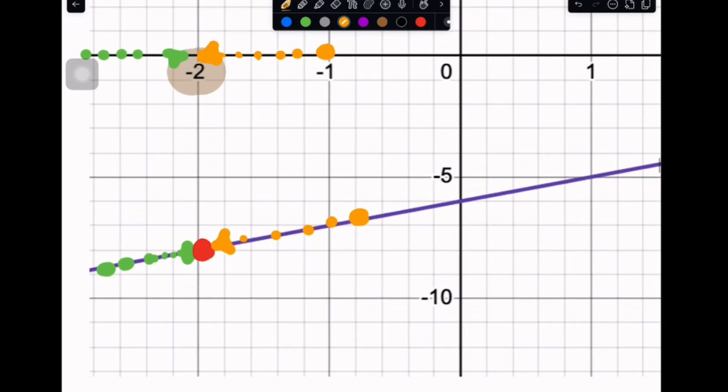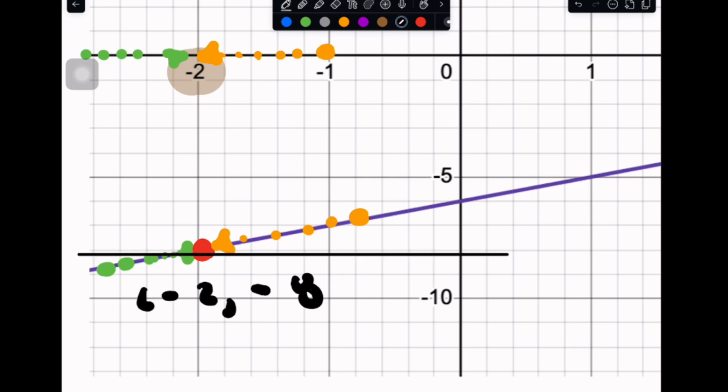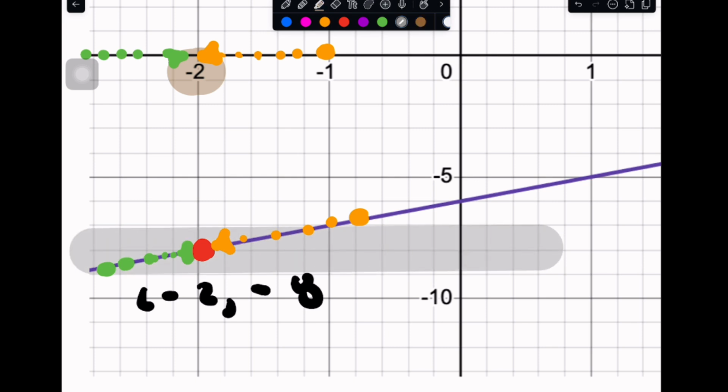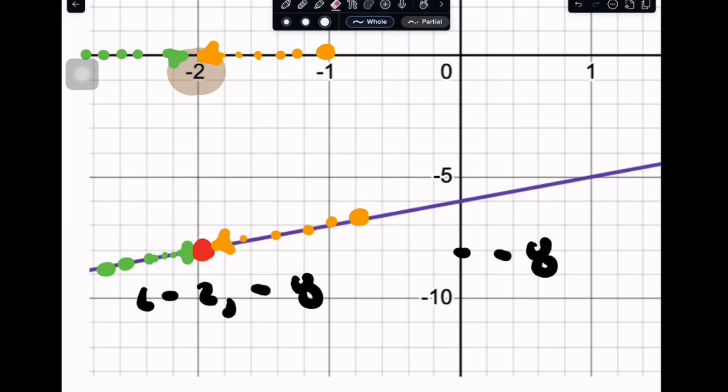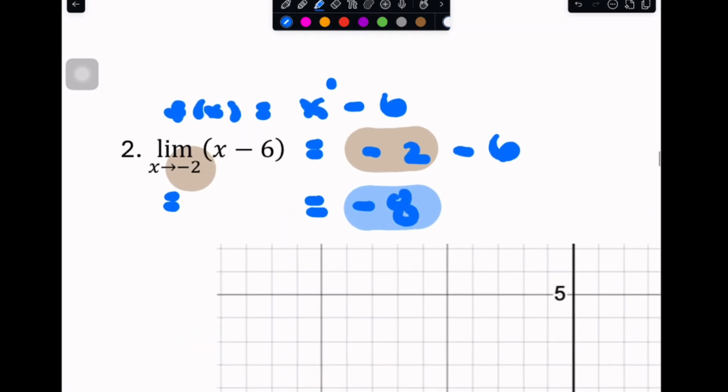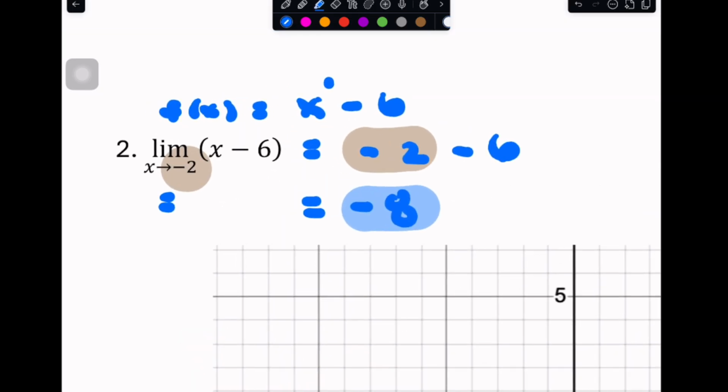What's that location? Negative 2, negative 8. In other words, we might have to just put a sort of ghost line. Over here is going to be somewhere, it's going to be negative 8. That's where negative 8 is, okay? So this is our limit answer. So you guys can verify both graphically and what? Symbolically, I guess, in some way. The limit value is negative 8. That's your L value.